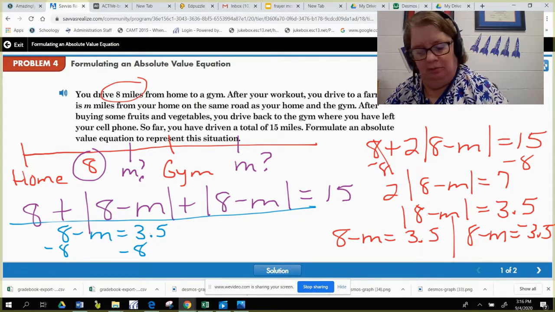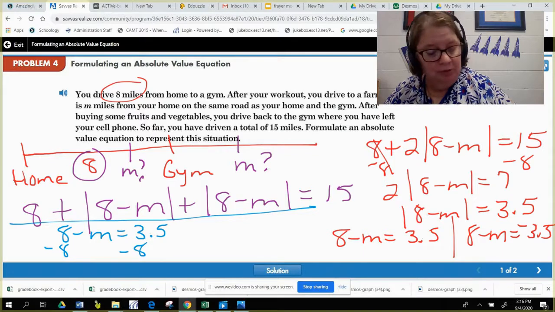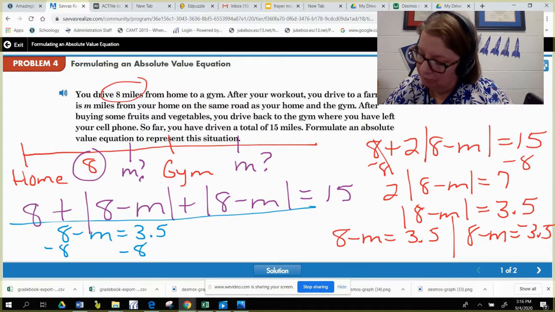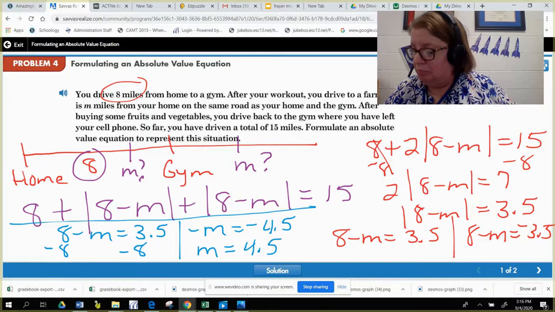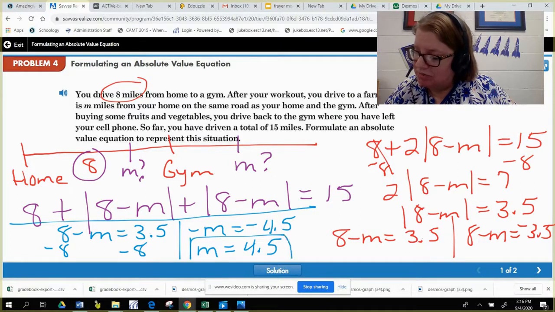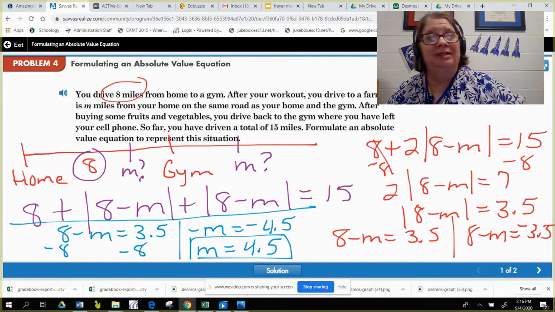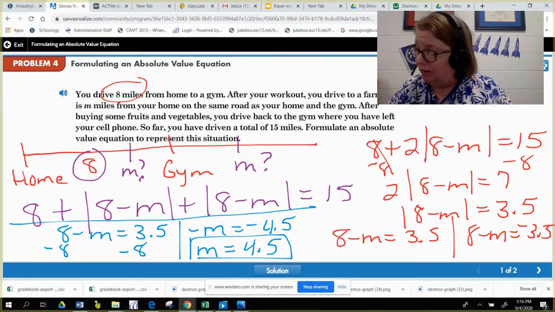Hey Siri, what is 3.5 minus 8? 3.5 minus 8 is negative 4.5. So now I have negative m equals negative 4.5. Divide both sides by negative 1. So one distance for that farm, one distance from home to the farm, might be 4.5.